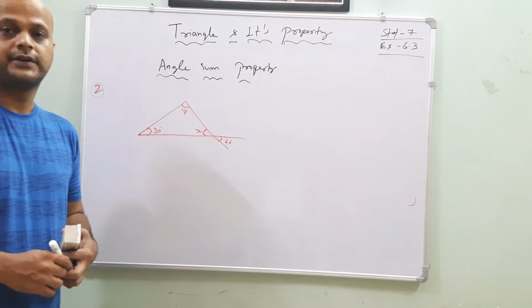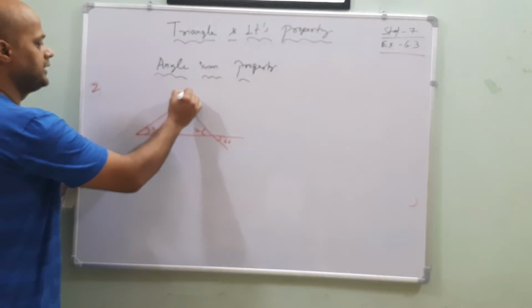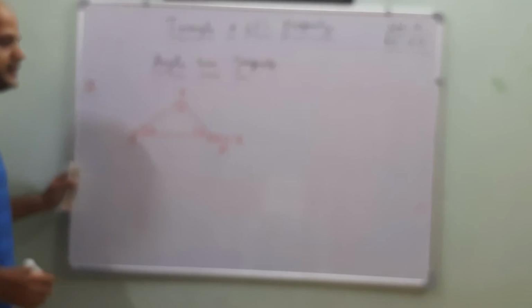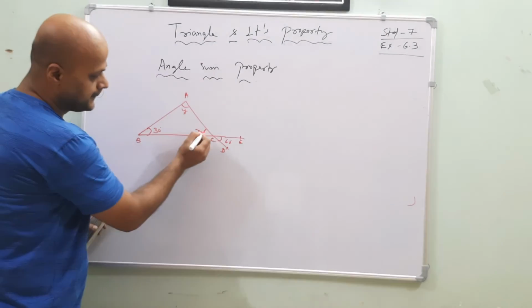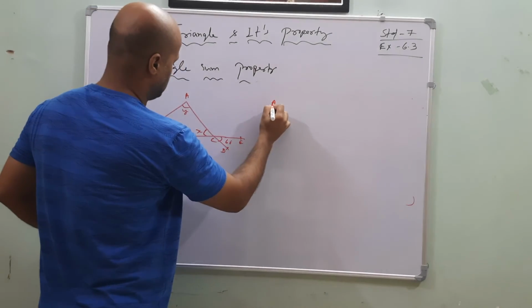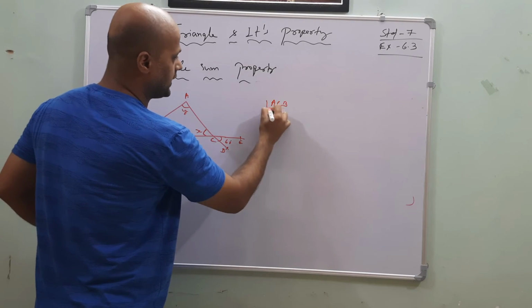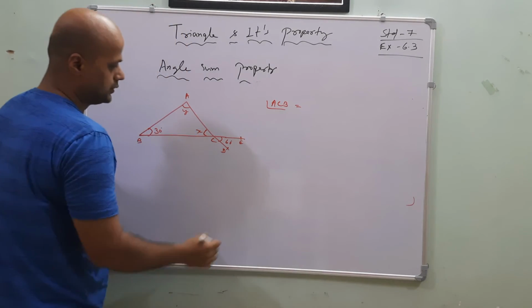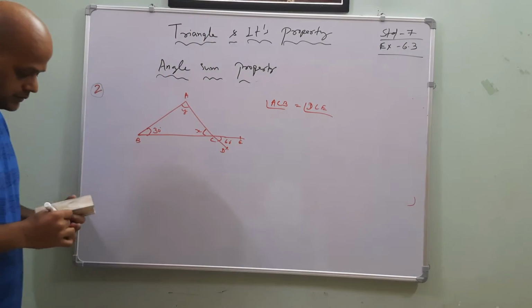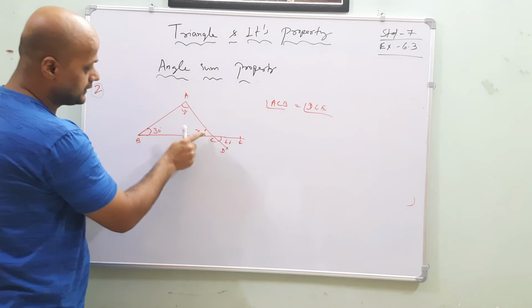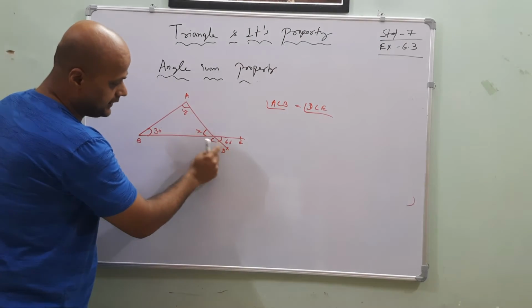Yes, very good. First, you have to name it: A, B, C angle first. And here the angle is given. That's why you have to name it here also, so that you can find it easily. First, find this one. Angle ACB, the internal angle, is equal to angle DCE.